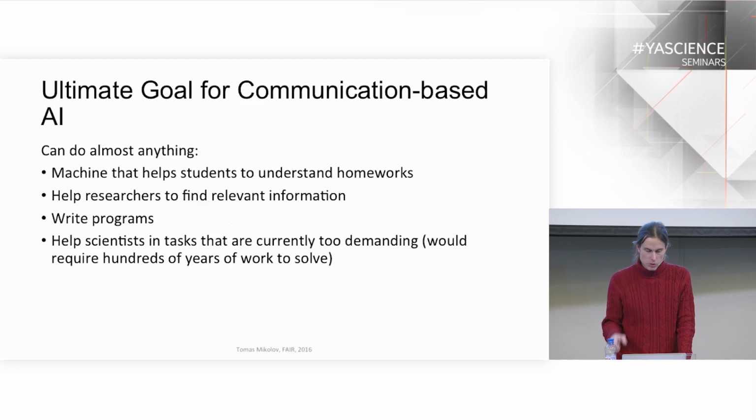So the ultimate goal for artificial intelligence, in the opinion of several of us from Facebook, is AI that will be based around communication. One can definitely make all kinds of models that could be considered as artificially intelligent.